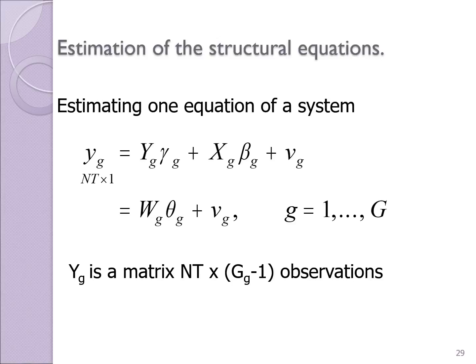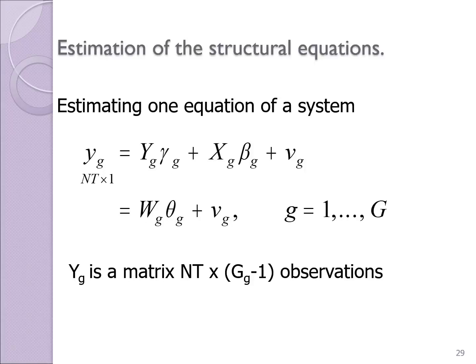Then we have parameters for them, gamma, and other explanatory variables that belong in that equation, that is capital X, with coefficients related to the x's called betas.